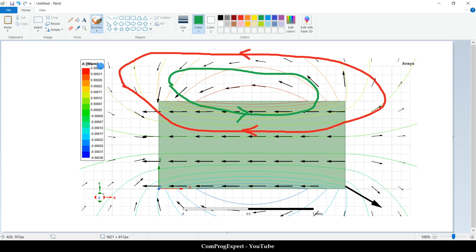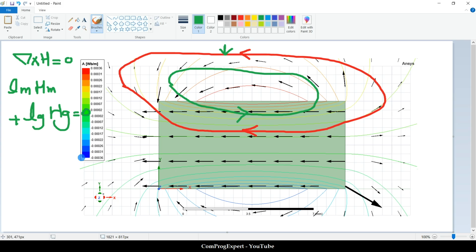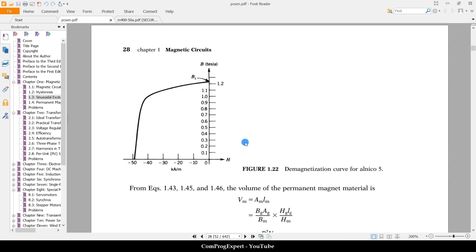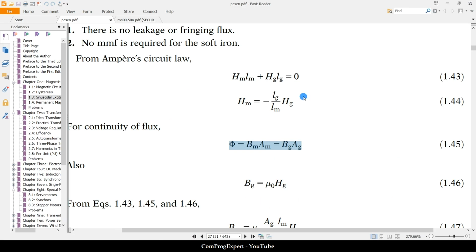What is the reason? Because the curl of H is equal to 0 in this case. We don't have any free current in this red loop. So Lm, the length of the flux line in the magnet, times Hm, plus the length of the flux line in the gap times H gap, will be equal to 0. And we have this equation.